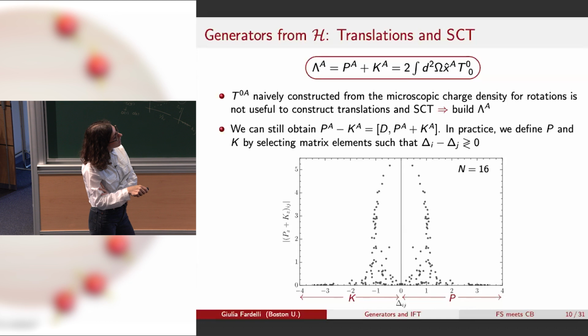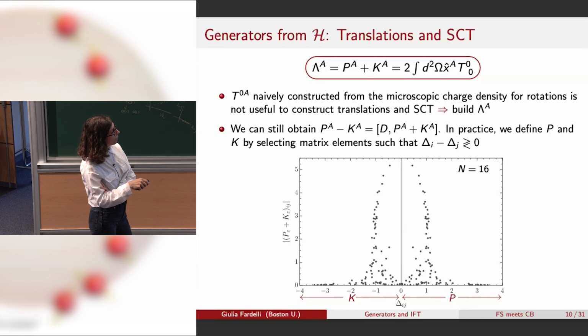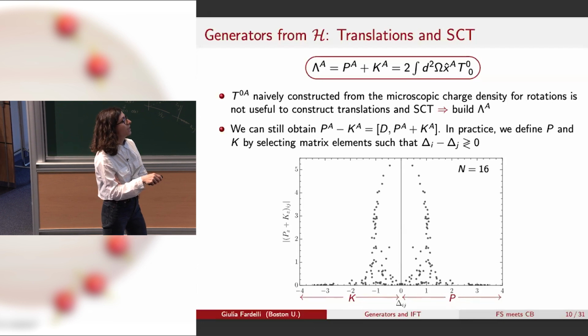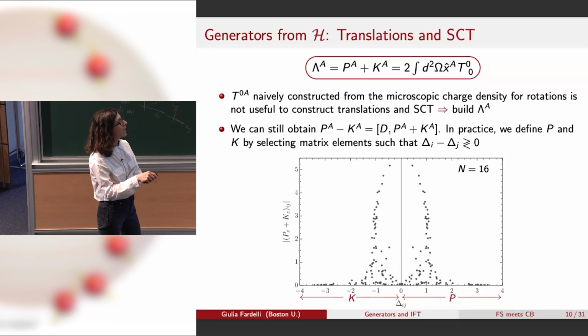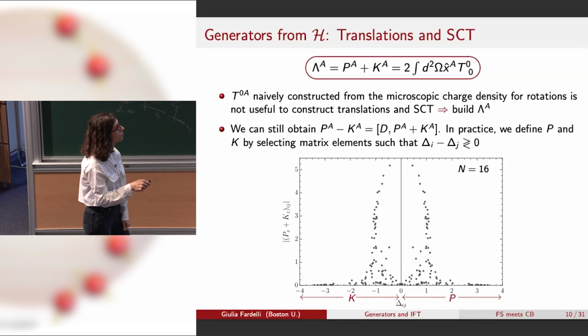So we define P as all the matrix element in which this delta ij is greater than 0, and K all the matrix element where delta ij is less than 0. And here it's quite incredible that you already see that these P and K are merely increasing your energies, or better, your dimension by 1.